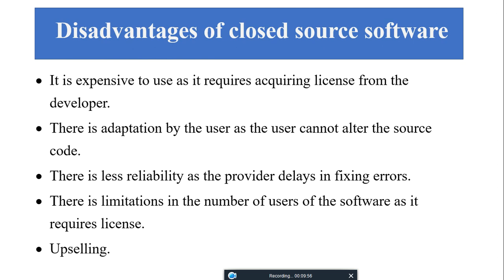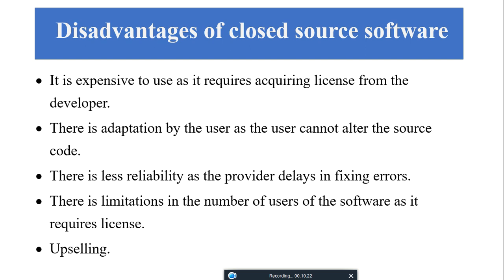Disadvantages of closed source software. 1. It is expensive to use as it requires acquiring license from developers. 2. There is difficulty in adaptation by the user as the user cannot alter the source code. 3.